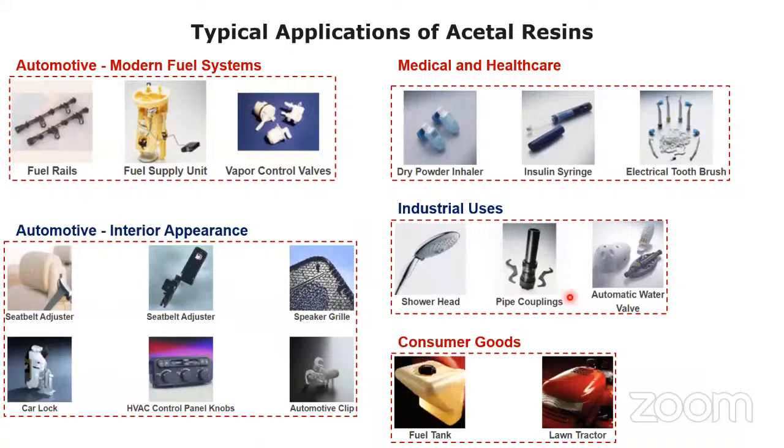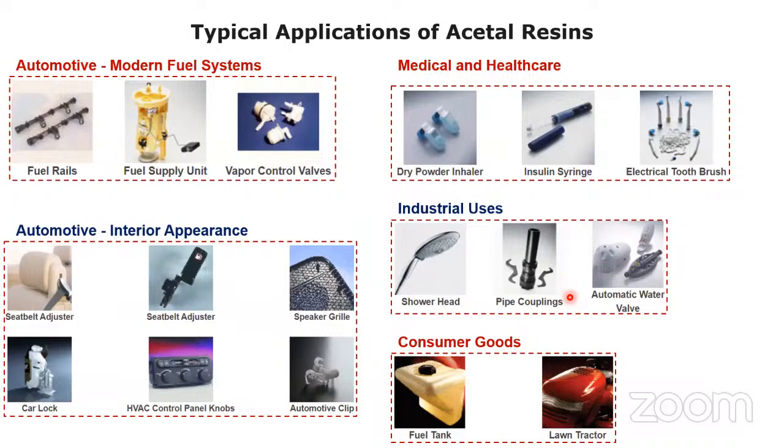If you see what kind of applications it has, polyacetal resins are majorly used in automotive applications. In the automotive parts, the fuel rails and the assembly for fuel are made up of polyacetal.